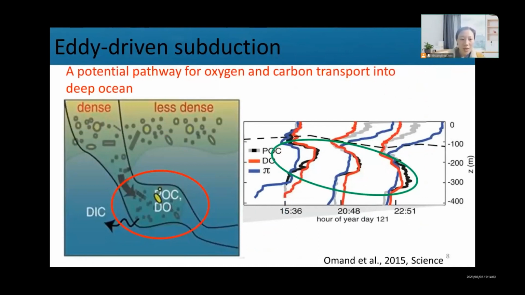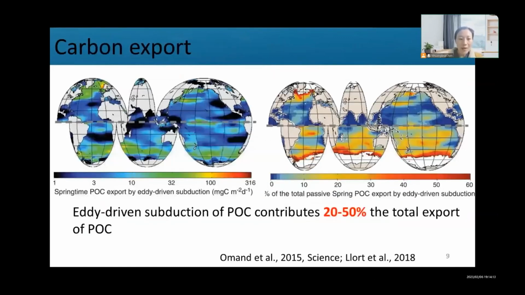As such, the eddy-driven subduction could serve as a potential pathway for oxygen and carbon transport into the deep ocean. Many studies have demonstrated that eddy-driven subduction could export around 20 to 50% of POC into the deep ocean. That's an important mechanism for carbon dioxide removal that we care a lot about nowadays.